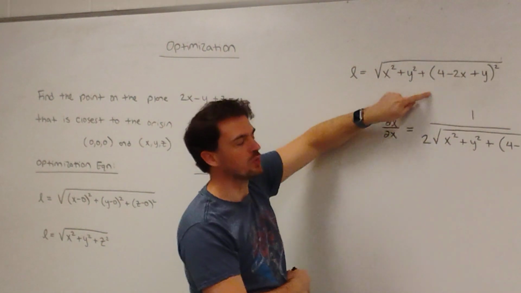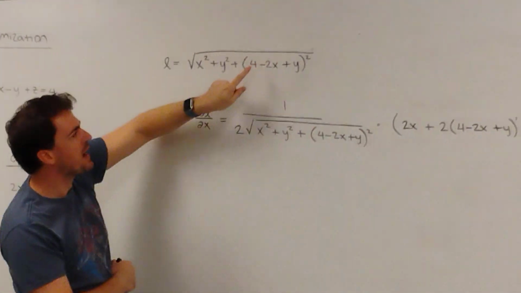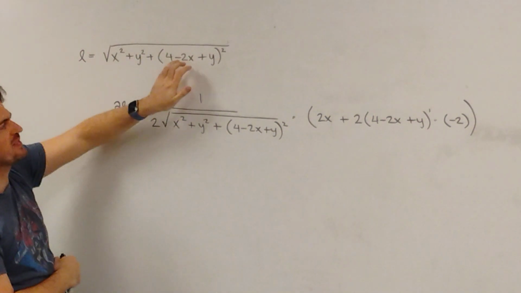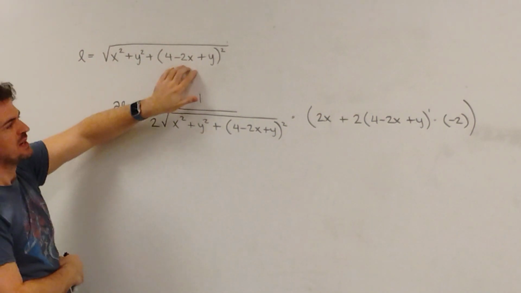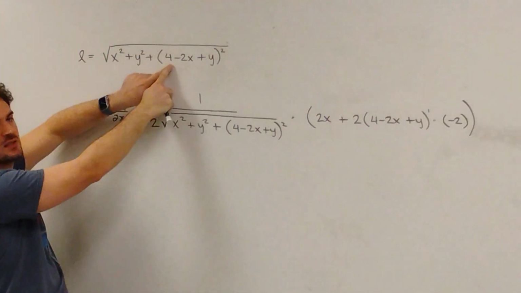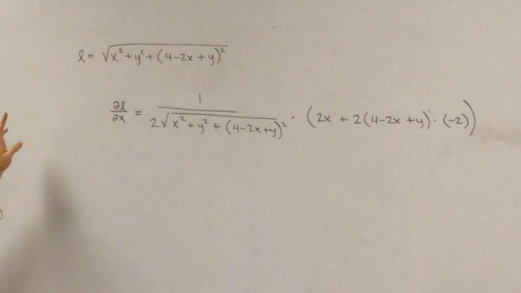This is now a chain rule. Drag the power down, subtract 1 from the power, keep the inside the same, times derivative of the inside. Derivative of negative 2x is negative 2, derivative of y is a constant.